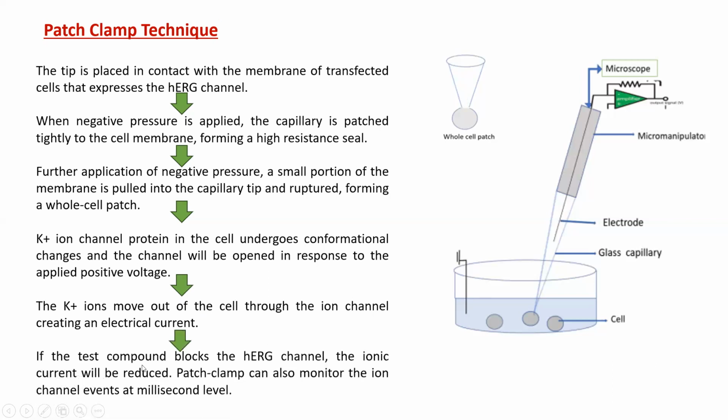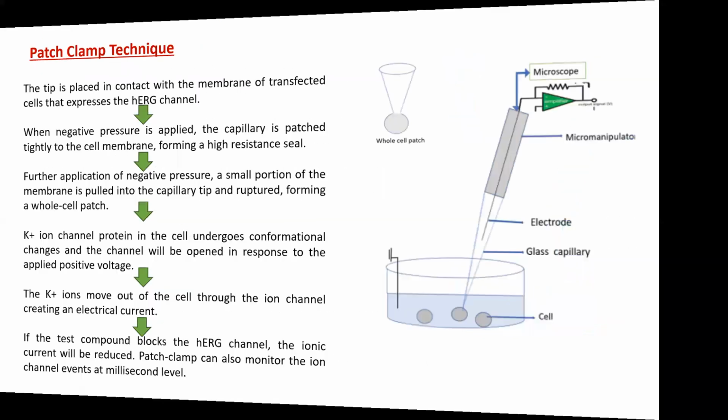And if the test compound blocks the hERG channel, the ion will not come out from the cell and no current will be formed, or there is a reduction in the current. Patch clamp can also monitor the ion channel event at millisecond level. So this is a very important method for determining the electrophysiology of the compound.